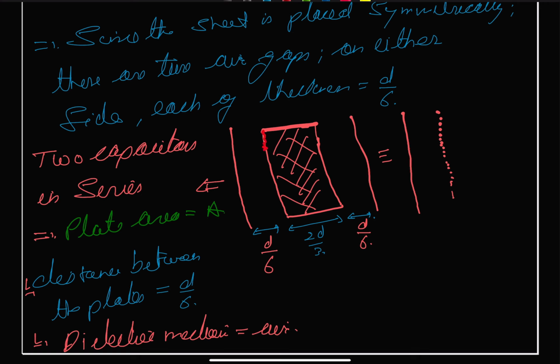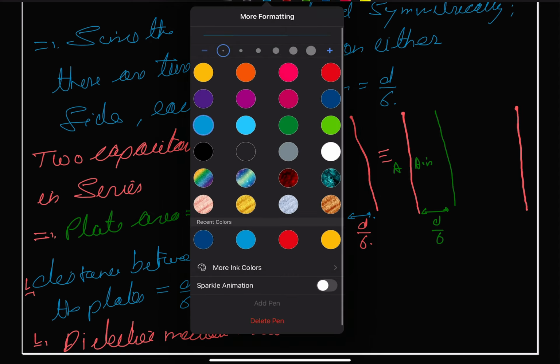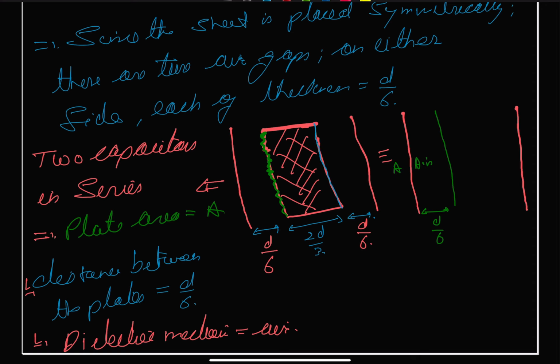The distance is d by 6, the area is A, and the dielectric is air. The rightmost plate pairs with the other part of the sheet, again with distance d by 6 and air as dielectric. These are connected, because the sheet is metal, so it is a conductor.